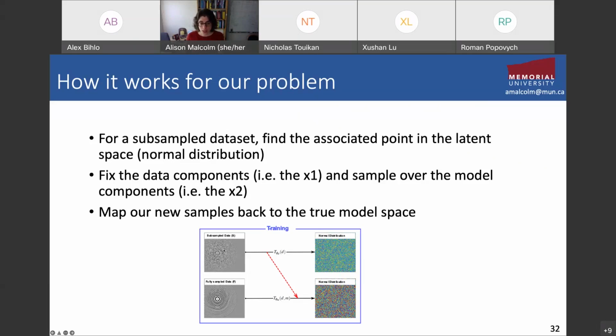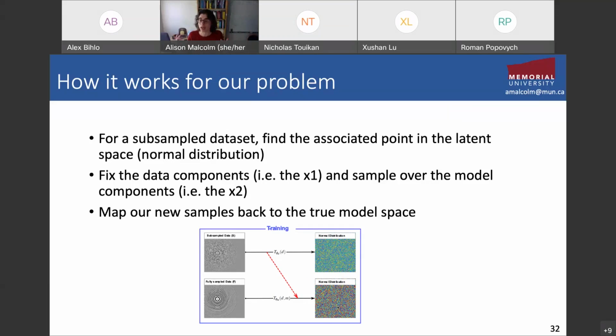We fix the subsample data. And now within this distribution, we can sample different versions of the fully sampled data that match our subsampled data. So if you think about this in terms of two parameters, we fix x1 and we sample over x2. And this gives us a range of fully sampled data sets that fit our subsampled data.